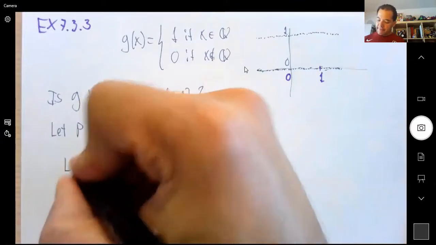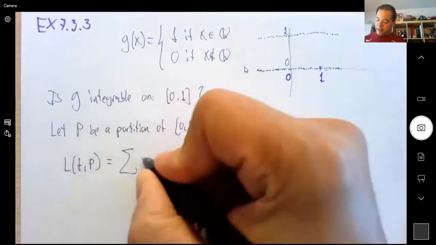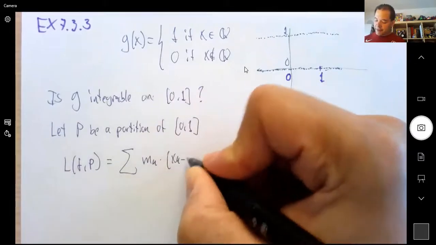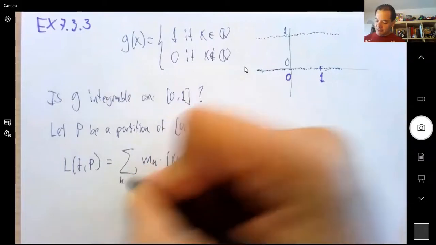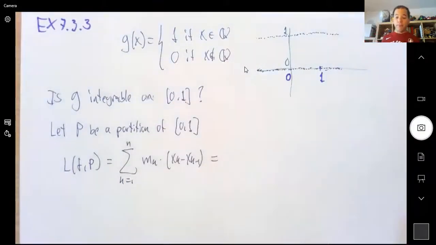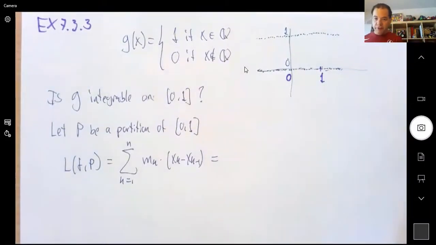What would be the L? Well, the L would be, we add up the infimums of the function over [x_{k-1}, x_k], k from 1 to n. Good. Now, what is the infimum? Let's think about it. We divided this in some way, right?